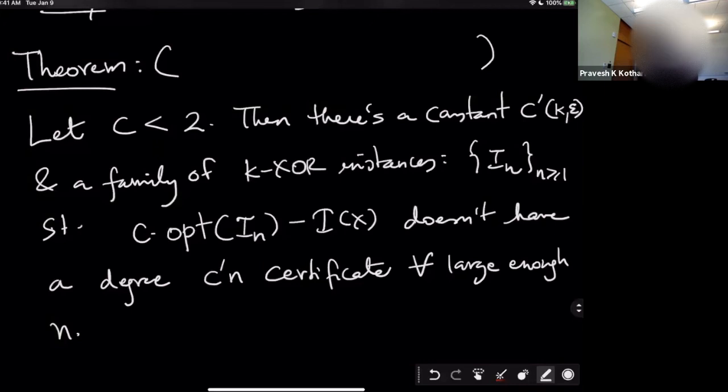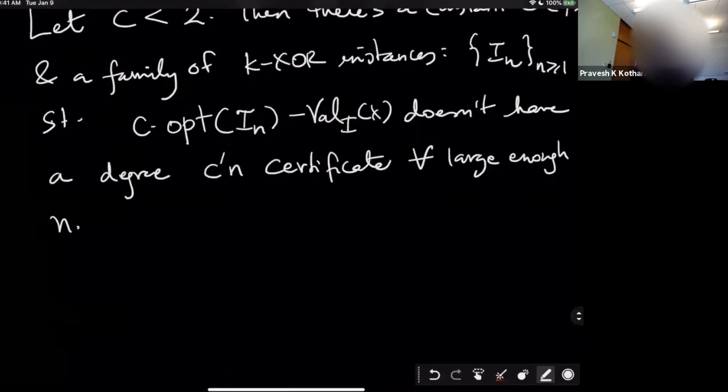if you wanted to approximate the fraction of constraints satisfied by any assignment, so let's maybe parse the theorem. What does approximation mean?